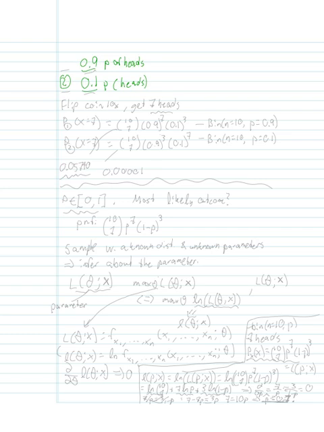So let's say we flip the coin 10 times, and we get 7 heads. Intuitively, it's more likely that we have coin 1, because situation 1 is much more likely to produce an outcome that has 7 heads than coin 2.